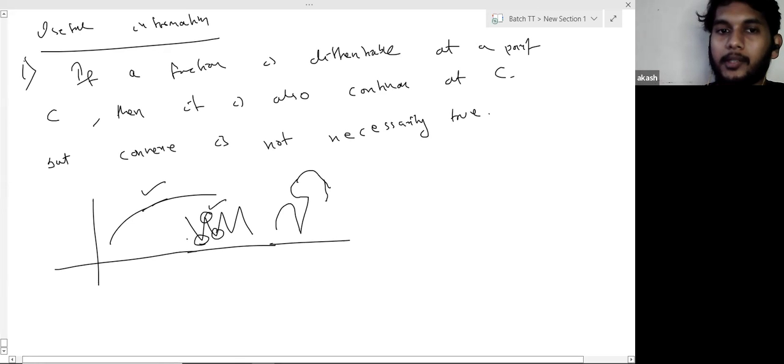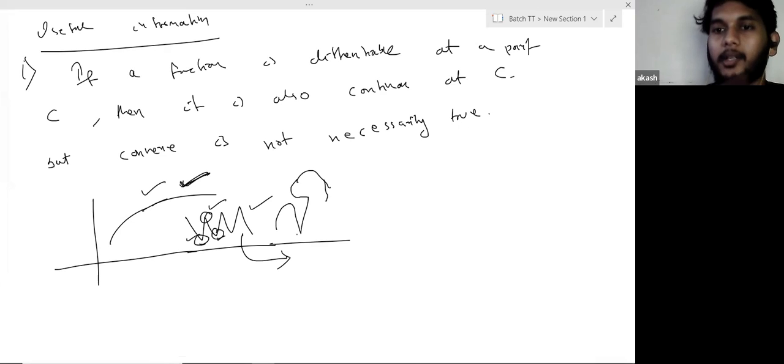At these points the graph will not be differentiable, but it is continuous. If a function is differentiable, it is continuous also, but in the second example the function is continuous but not necessarily differentiable. Every rectangle is a quadrilateral, but every quadrilateral is not a rectangle.